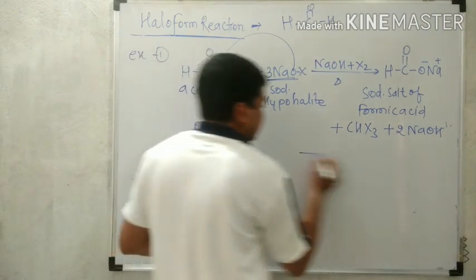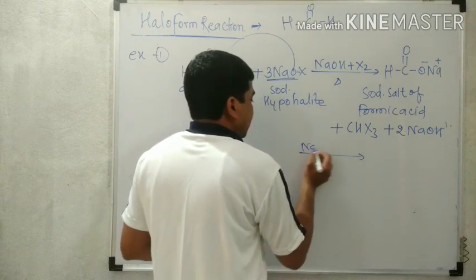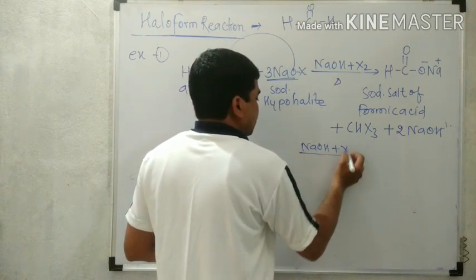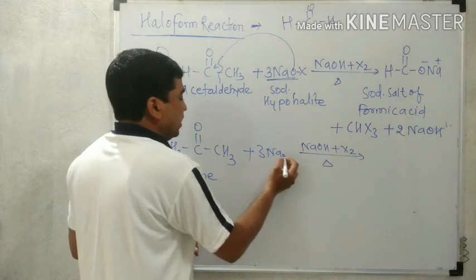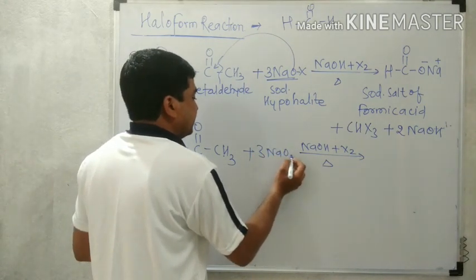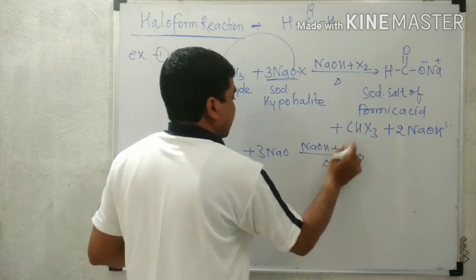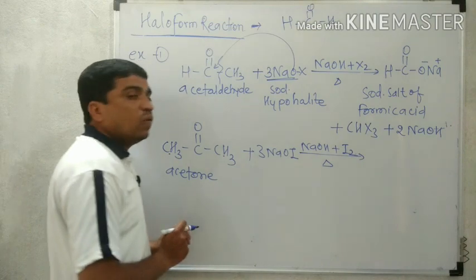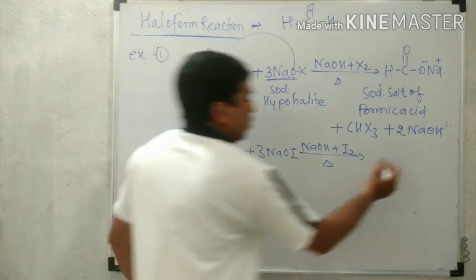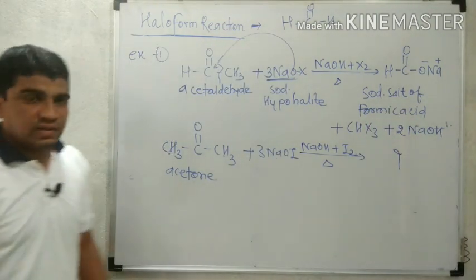So complete this reaction. When NaOH plus X2 is heated with acetone, three NaOX are obtained. But if you take iodine here, then three NaOI are obtained. So what is the product for this reaction?